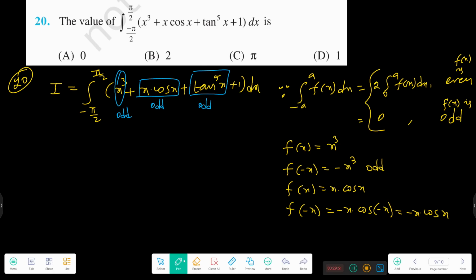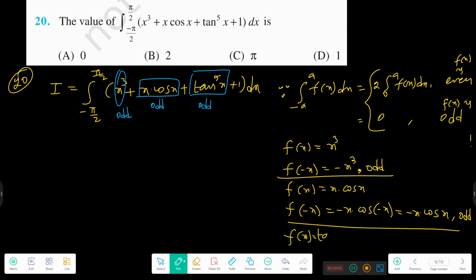So again it is an odd function. And one more, f of x is equal to tan x, and f of minus x, tan of minus x, is equal to minus tan x, also odd.